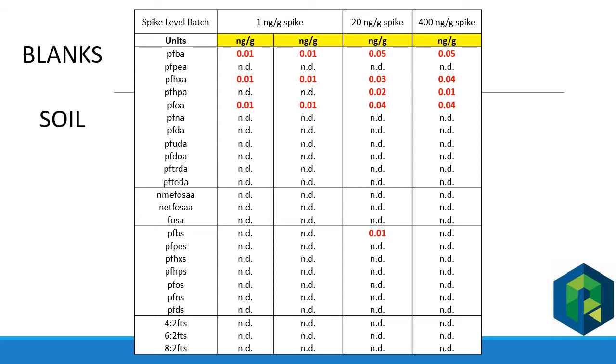The ACE has a shared line for all samples that you put on, so you do have the potential for carryover between samples. However, from 1 nanogram per gram to 400 nanograms per gram, the carryover is very minimal. It's 1% of the spike level or less, and much less in the case of 400 nanograms per gram. And it's always the usual suspects for us, as you can see in red.